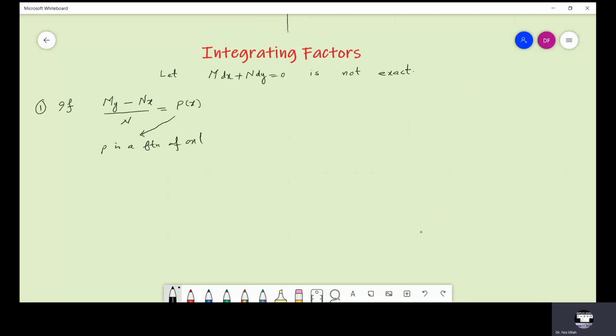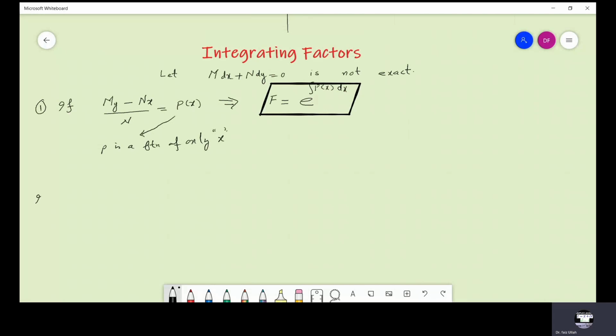There will be no y. In that case, the integrating factor for this differential equation is given by f is equal to e power integration of p of x dx. So this is the integrating factor for this differential equation.